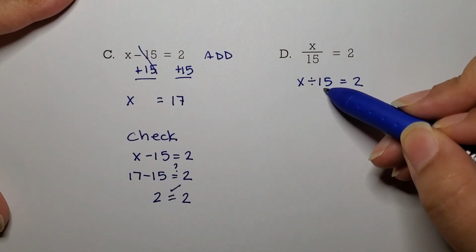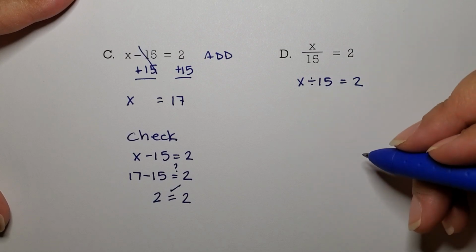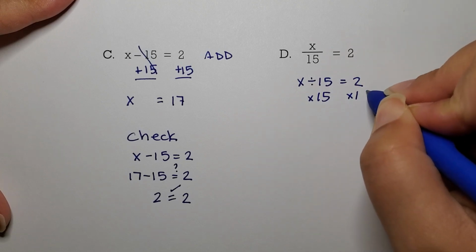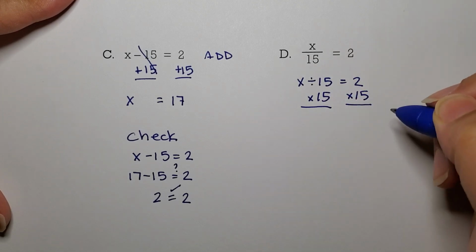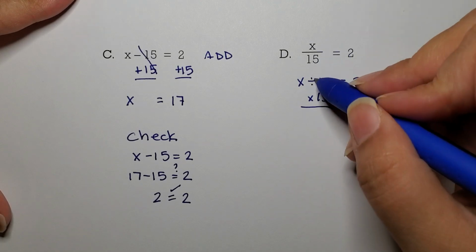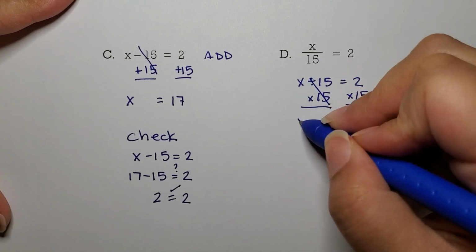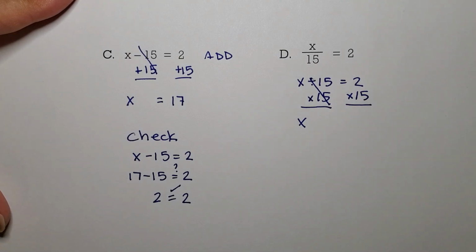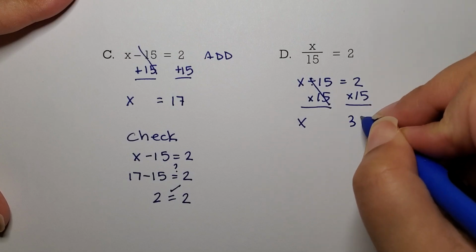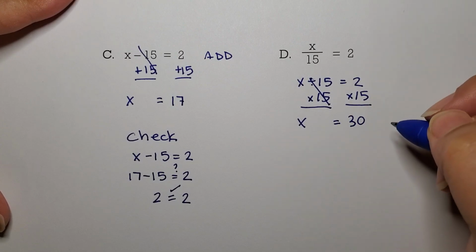If x is being divided by 15, I want to undo that division so I can multiply. If I divide by 15 and multiply by 15, they're going to cancel each other out, and I'm going to be left with just that x. Then 2 times 15 is going to be 30. So x is 30.